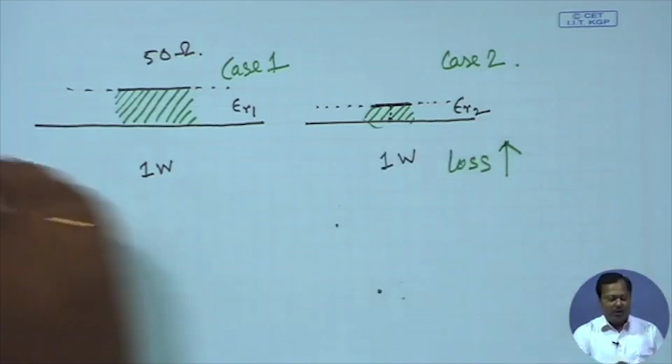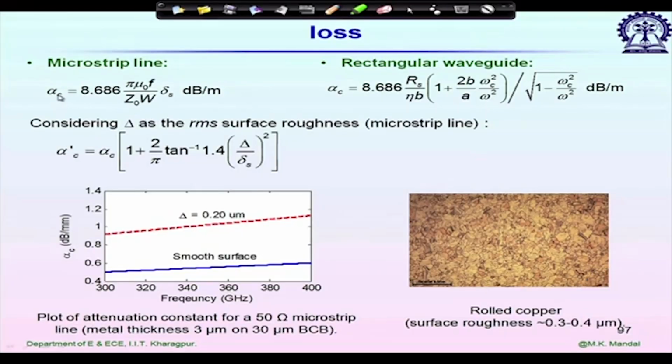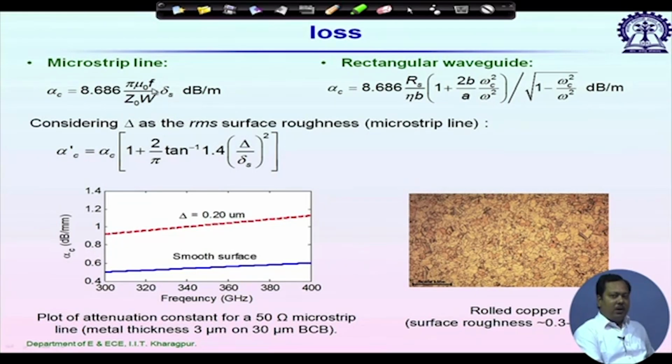So, now let us go back to the slide. For the microstrip line, alpha c represents the attenuation constant due to conductor loss. This is 8.686 multiplied by this quantity. So, it is a function of frequency. You see here we have two frequency dependent parameters, one f and another delta s, the skin depth, but skin depth varies inversely with the square root of frequency.